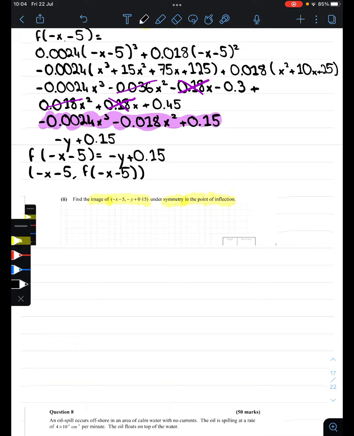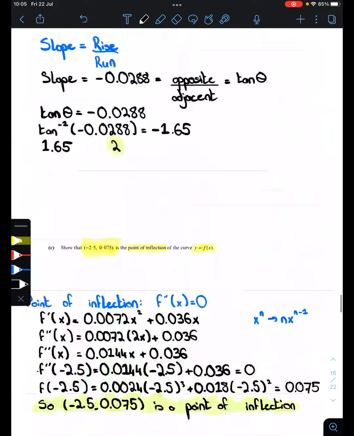So our point is minus x minus 5, minus y plus 0.15, and we're translating it under symmetry in the point minus 2.5, 0.075. Okay, so what is this distance A?